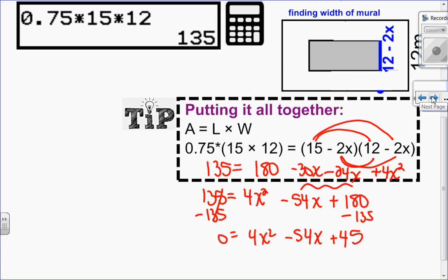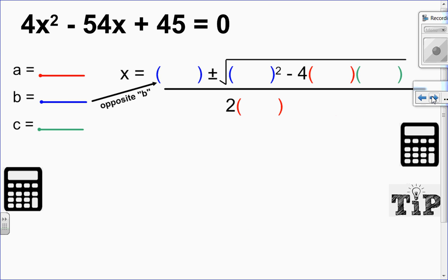Okay, so over here, I am going to use the quadratic formula to solve this. So first thing is the number in front of x squared is 4. So 4 goes in 2 different places. Then the number in front of x is your b value, which is negative 54. But remember, on the outside, it's opposite b, so it's positive 54.